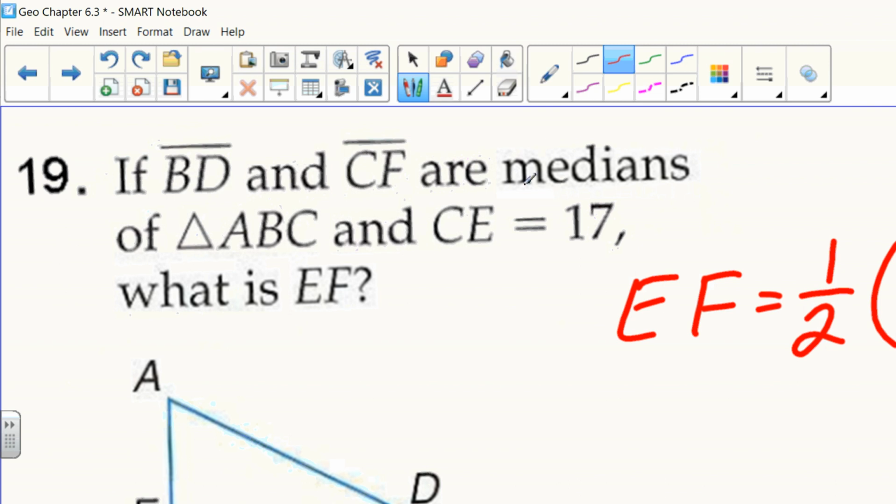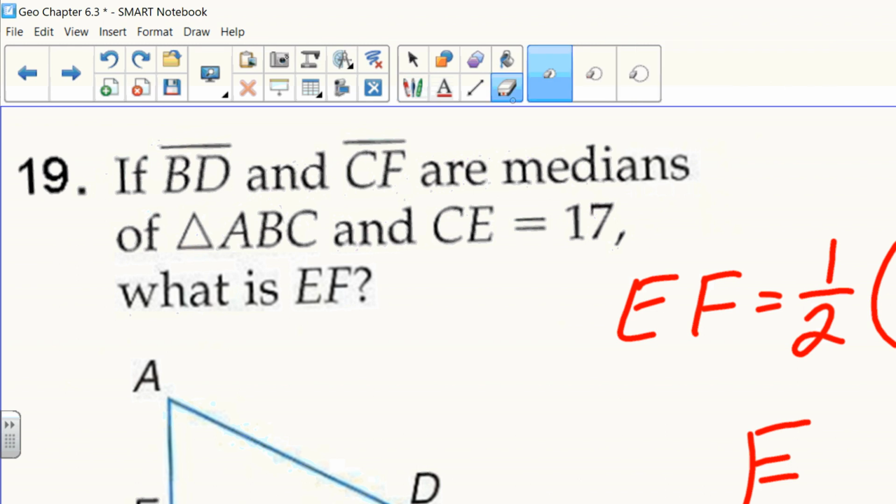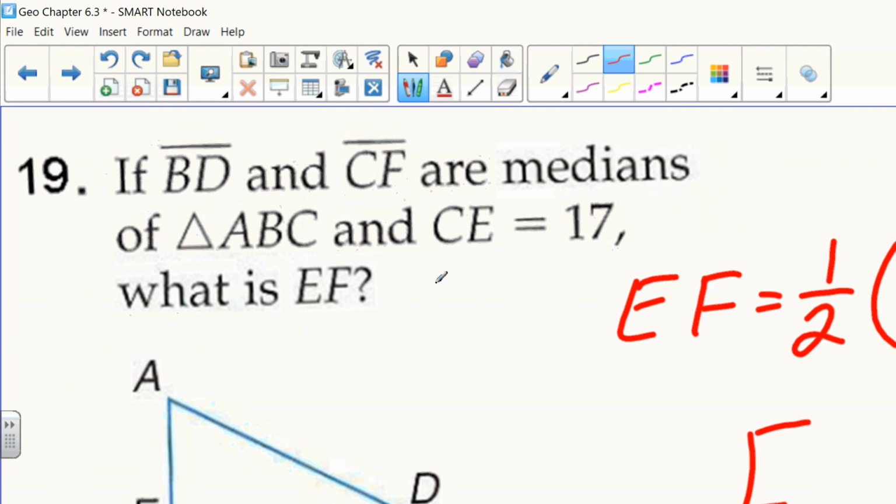We're taking half of 17, or dividing 17 by 2. Does 17 divide by 2 evenly? No. This here would be 8 point 5. So EF is 8.5.